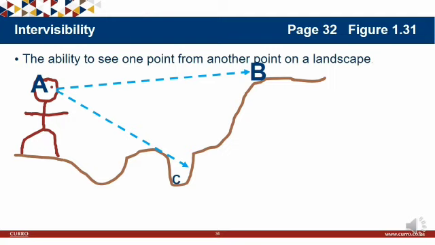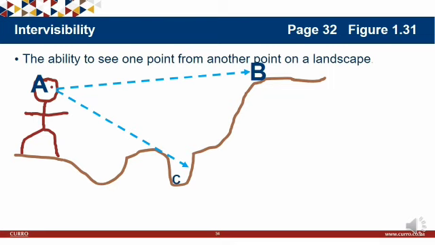Now, intervisibility, page 32, figure 1.32. Intervisibility is just your ability to see one point from another point on the landscape. Now, looking at figure 1.31, there's a man there looking at point B. I just took the liberty to draw this on, freehand. I'm expressing myself artistically. I can draw also.